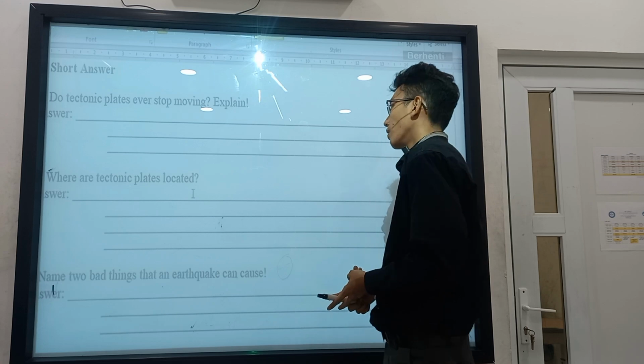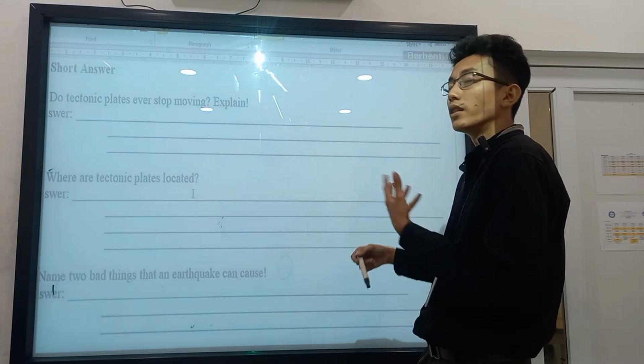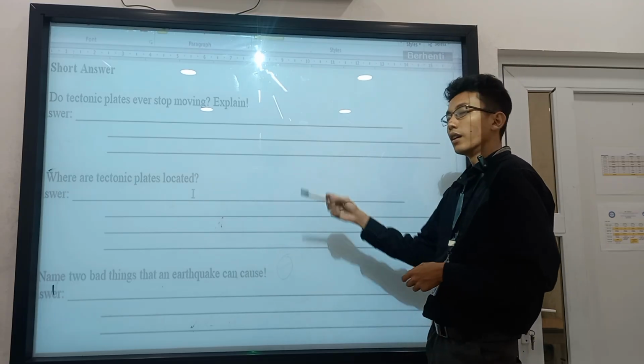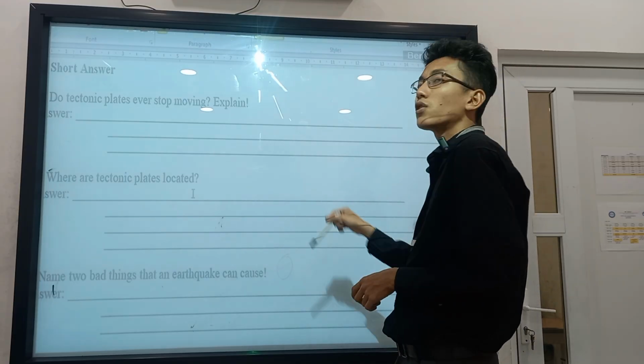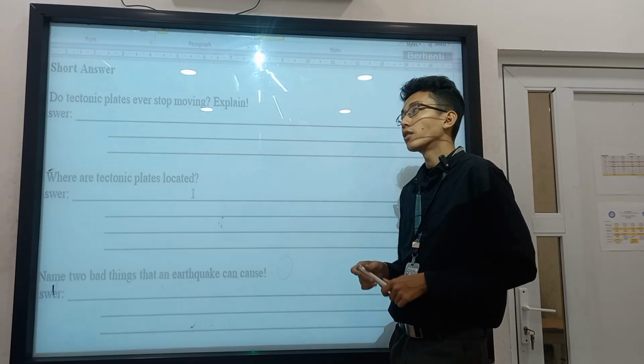It is very hard, and the inner core is solid, and the outer core is semi-solid, and after that is the mantle. Mantle is like a soup of magma, and we are living on top of that.